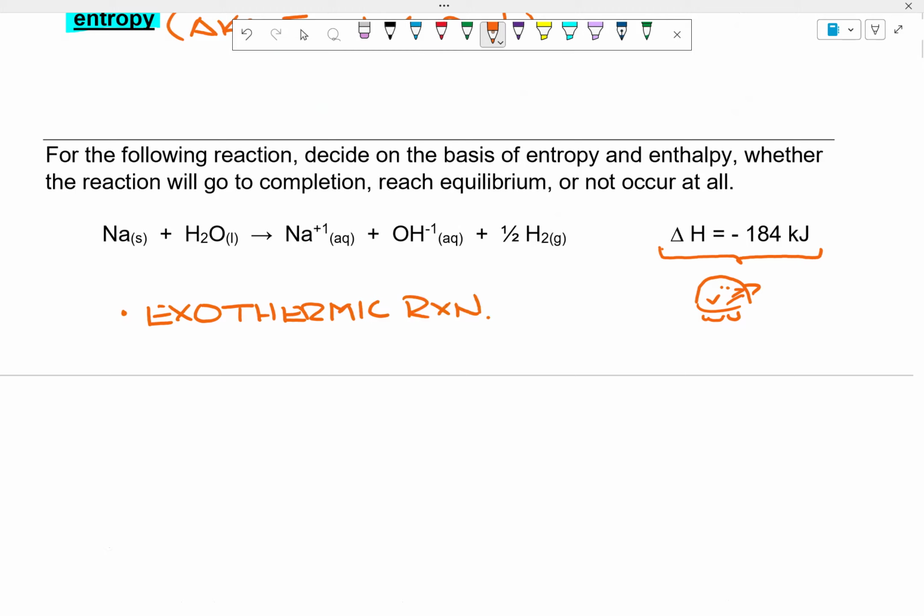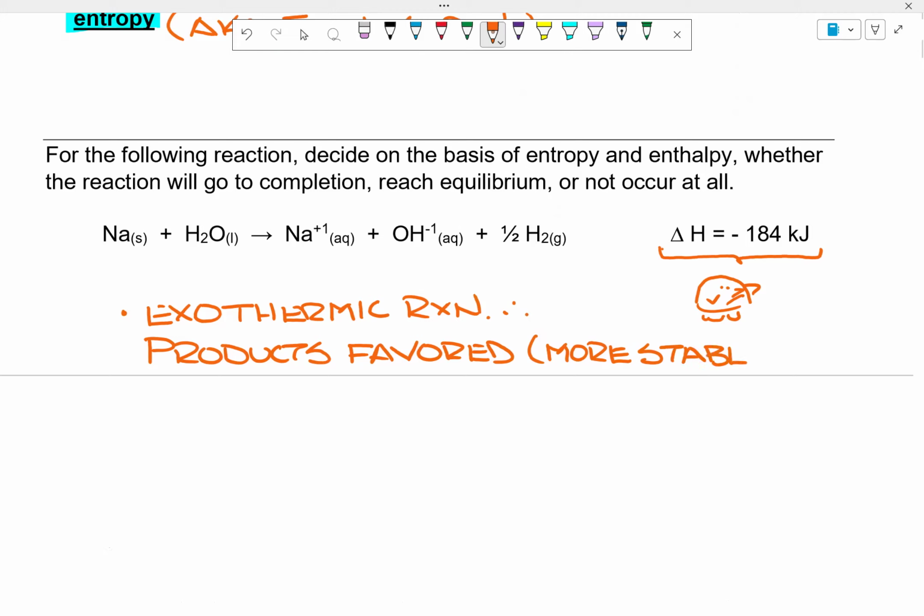Now, because it's an exothermic reaction, therefore, the products are favored. Why are the products favored? Because they are more stable. Okay.